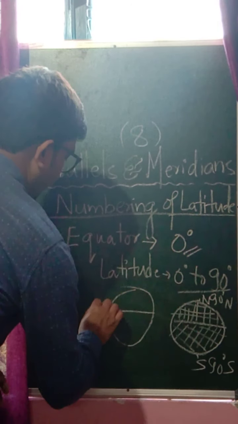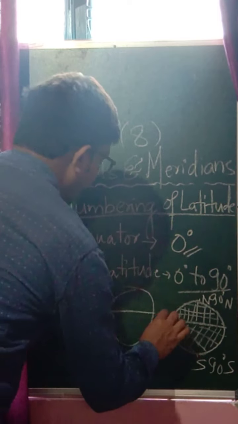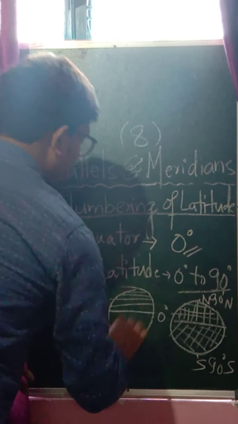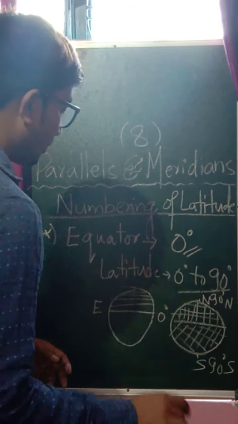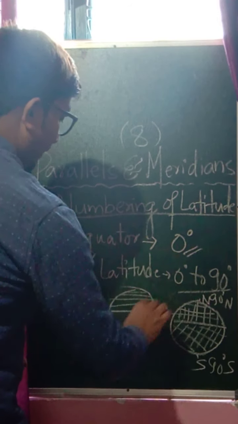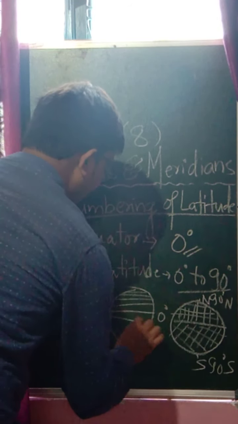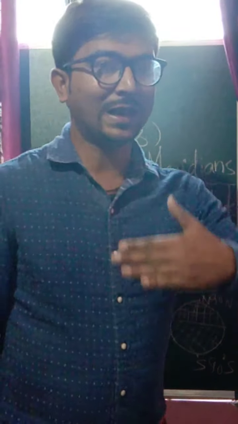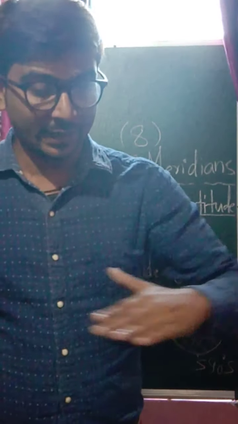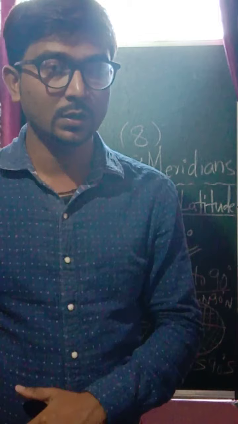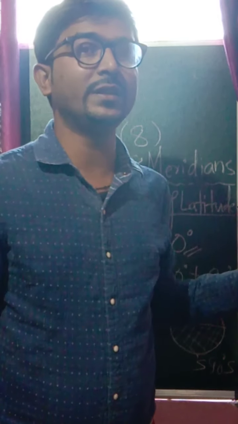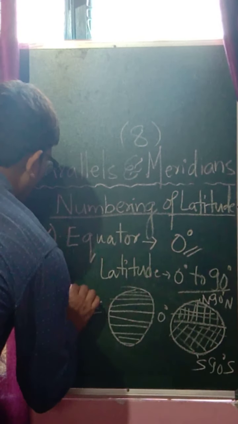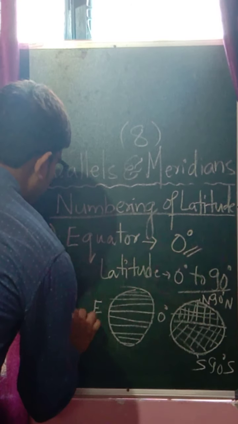For example, if this is the equator, which is at 0 degree, you will find 90 parallel lines, smaller and smaller, in the northern hemisphere, and equally 90 parallel lines in the southern hemisphere, excluding the line of the equator. That is why in total there are 181 lines.